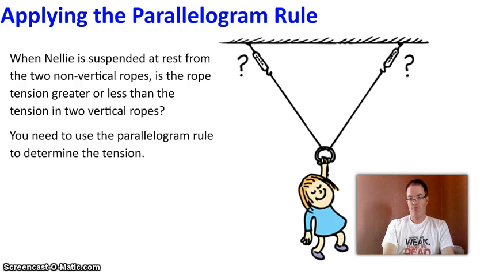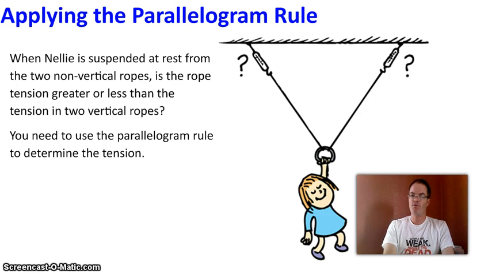Let's apply the parallelogram rule to a circumstance here. I'll read this. When Nellie is suspended at rest from two non-vertical ropes, is the rope tension greater or less than the tension in the two vertical ropes? You needed to use the parallelogram rule to determine the tension. Earlier we saw a picture where Nellie is suspended by two vertical ropes.